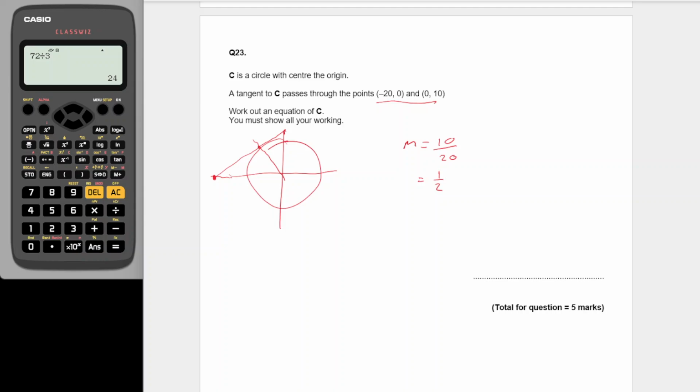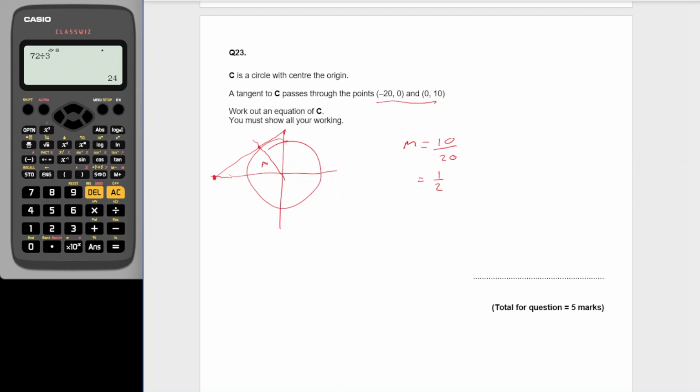So the gradient of the radius is going to be equal to the negative reciprocal of that. I want the equation for this for now, although c is irrelevant to be fair, because it will pass through the centre.